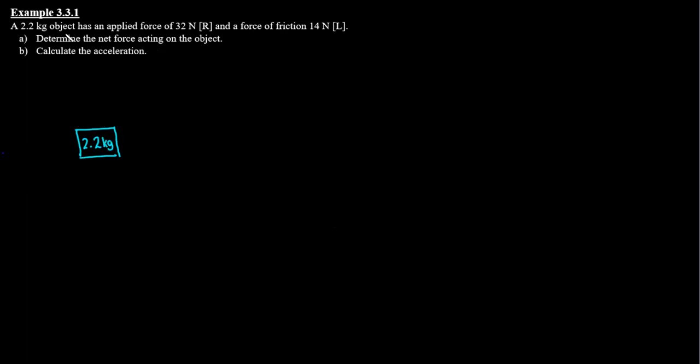Okay, now it gives us an applied force and a force of friction here. So what that means is we can assume that the object is traveling along a horizontal surface. With any object on Earth, we know that there is a force of gravity that wants to pull us down towards the center of the Earth.